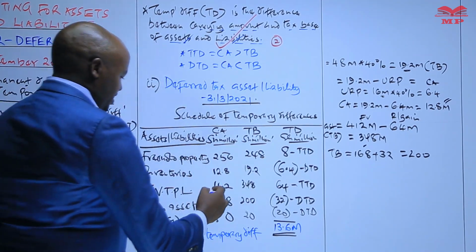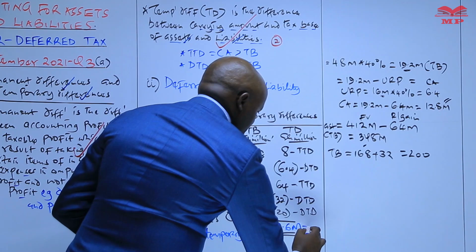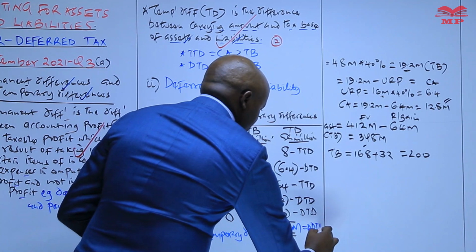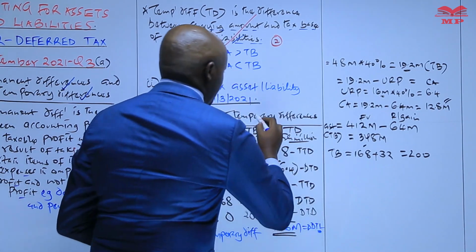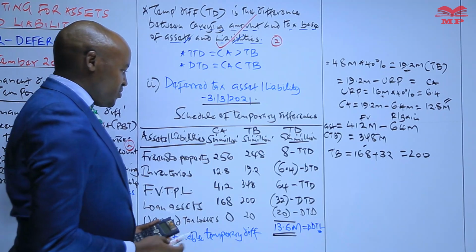And because this is a net taxable temporary difference, it will give rise to a deferred tax liability, and that is basically what the examiner was requiring us to compute here.